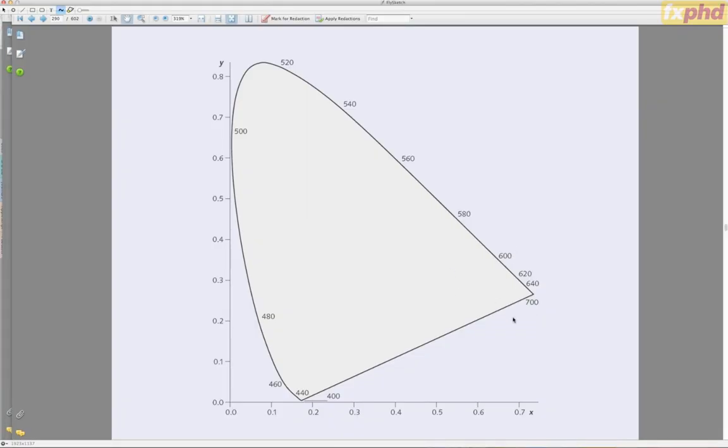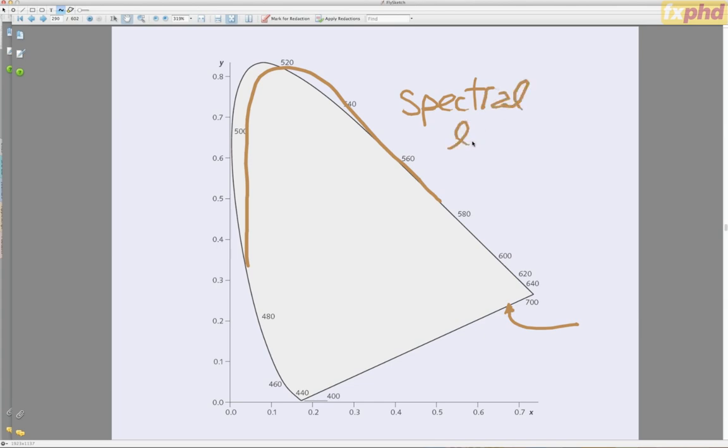Now, all the colors are within this horseshoe-shaped boundary, which is basically what's called the spectral locus on the outside. And that has all of the lasers. They're as colorful as you can get. They all plot on the spectral locus.